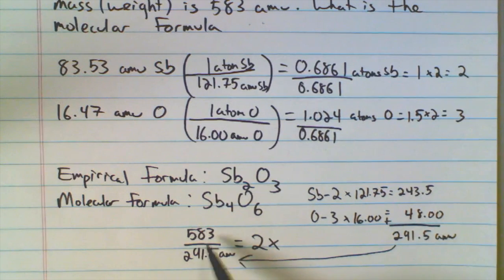It should be real close to a whole number. If you get like 2.5, that wouldn't work because then you wouldn't get a whole number in that final answer. I'm trying to think if there would be an instance where that would work.